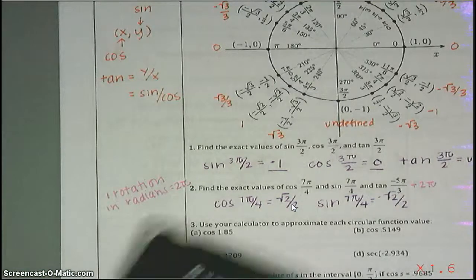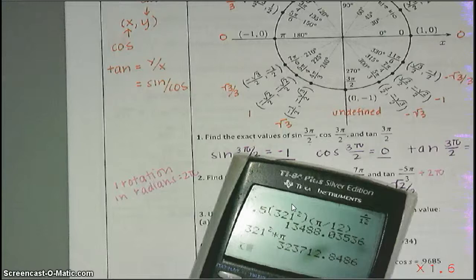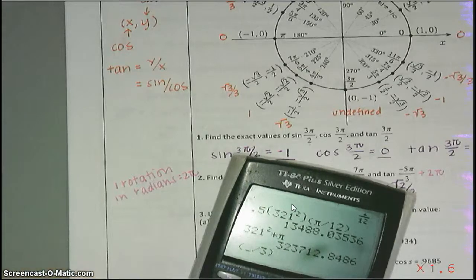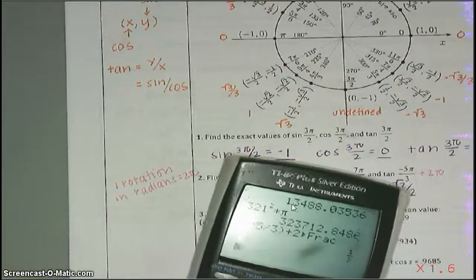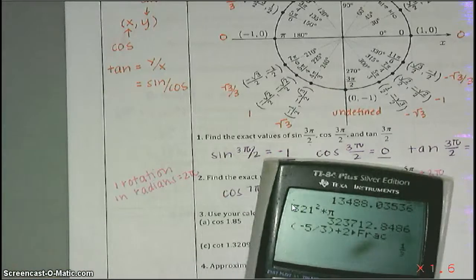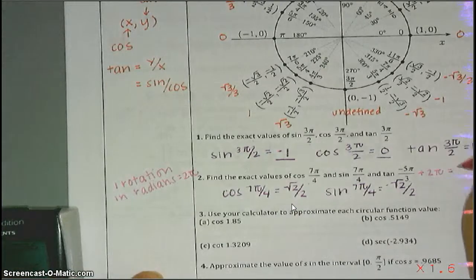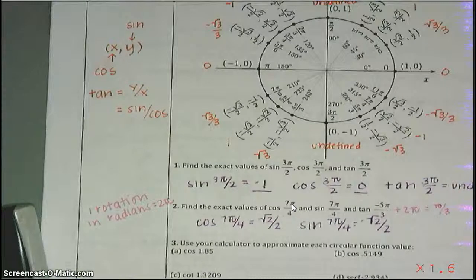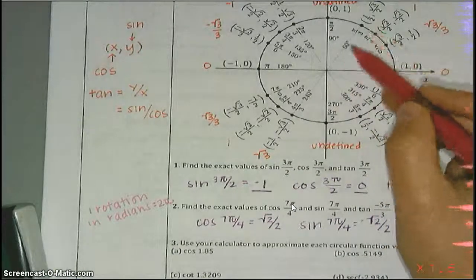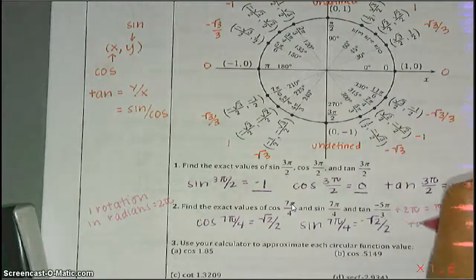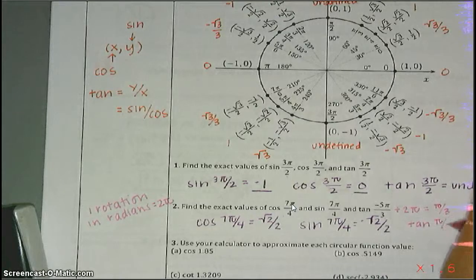A quick way to do that in your calculator is just to do 5/3, and I suppose it's negative, plus 2, and add a pi at the top. So after you add a rotation, this will be π/3. What you can do then is locate π/3 on your unit circle, which is up here at 60 degrees, and tangent at π/3 is equal to the square root of 3.